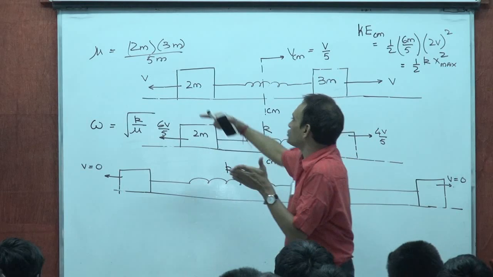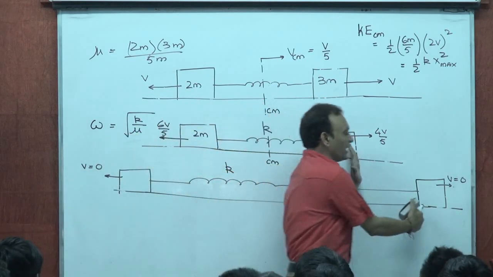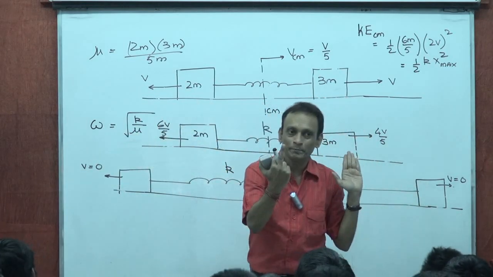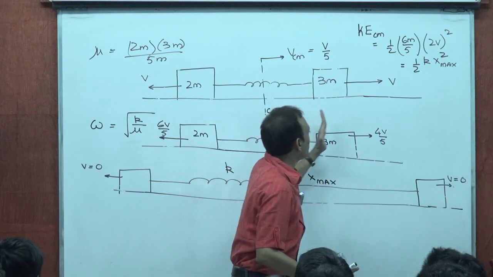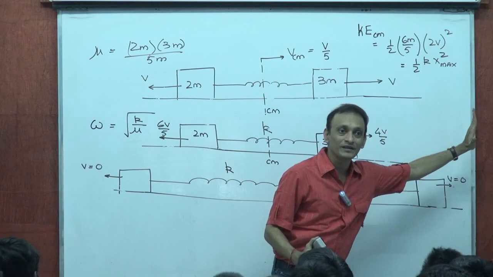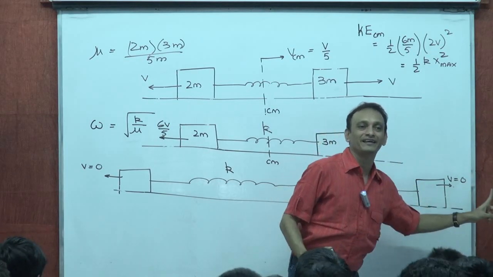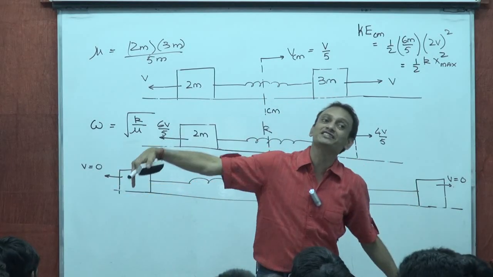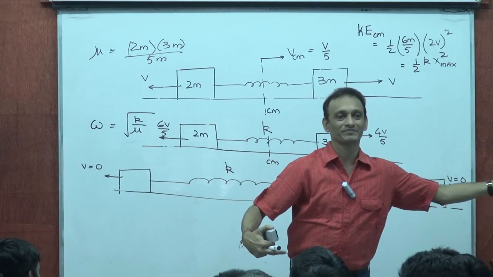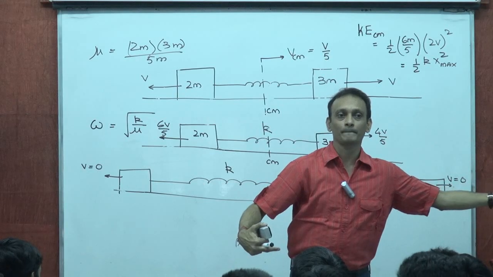Time period is 2 pi by omega, and here to here would be T by 4. Isn't it? T by 4. So in this time, the center of mass has moved by an amount V by 5 into T by 4, and this has moved by an amount A. So you add the two, that would be the displacement of this mass as seen in the ground frame.